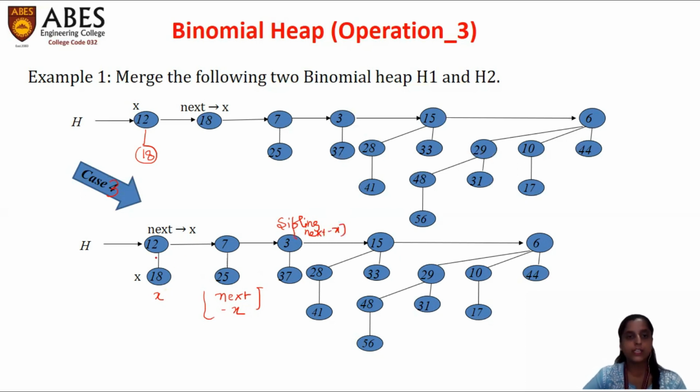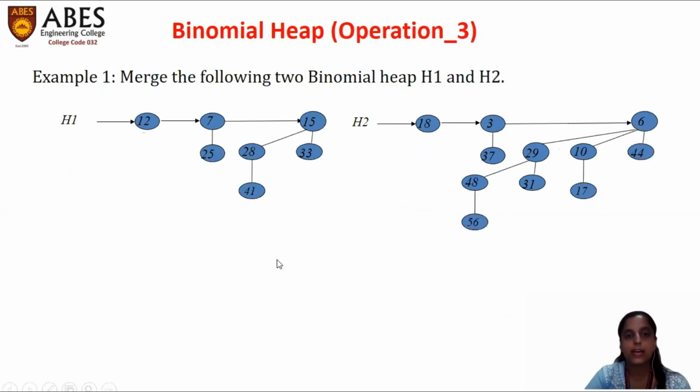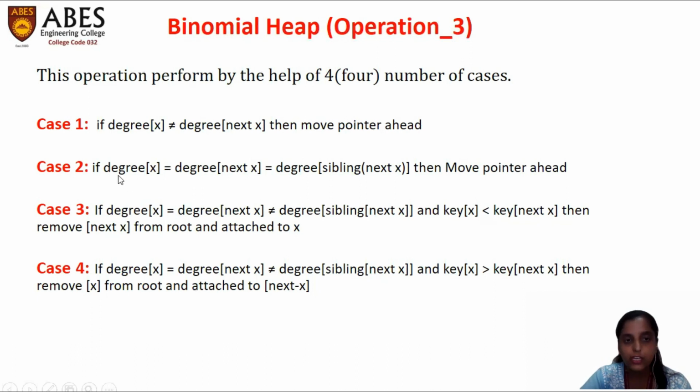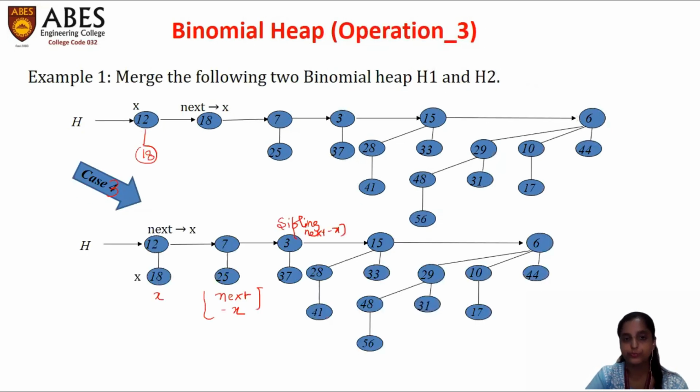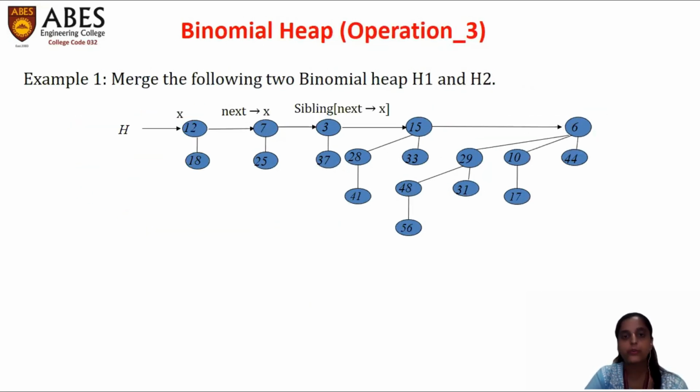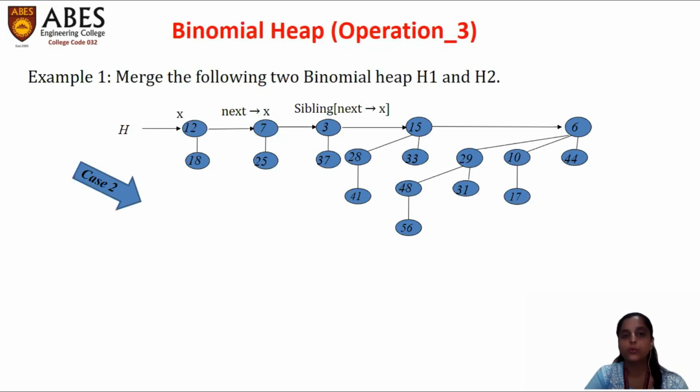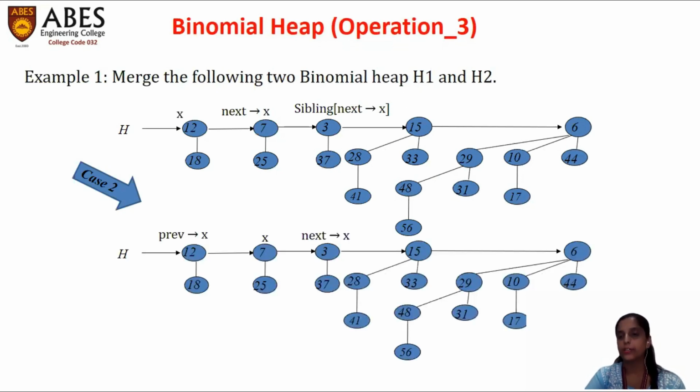Here I can see degree of x is equal to degree of next x is equal to sibling of next x, meaning all the degrees are the same. In our slide, if degree of x is equal to degree of next x is equal to degree of sibling of next x, then simply move your pointer ahead. That means we apply case number 2, and we move our pointer ahead.